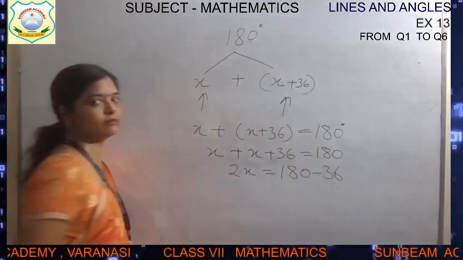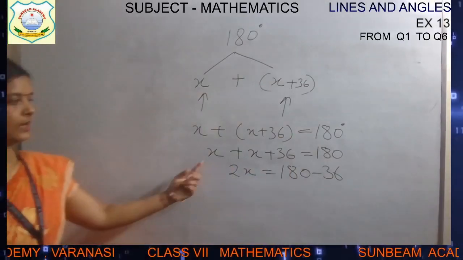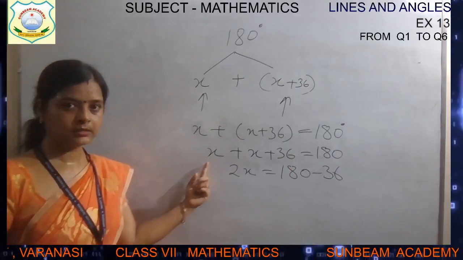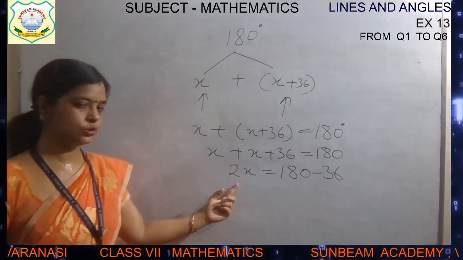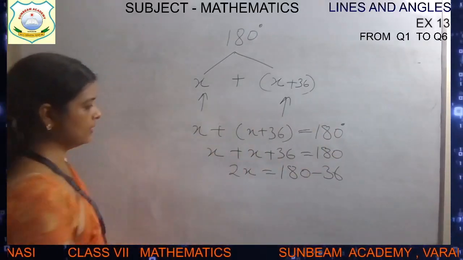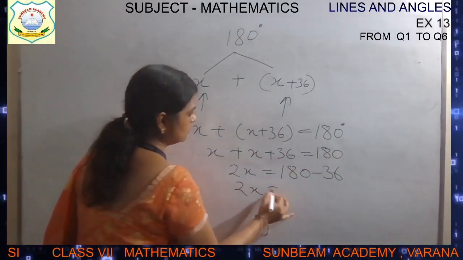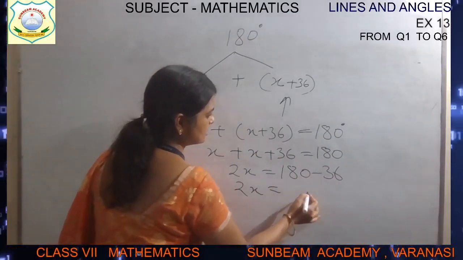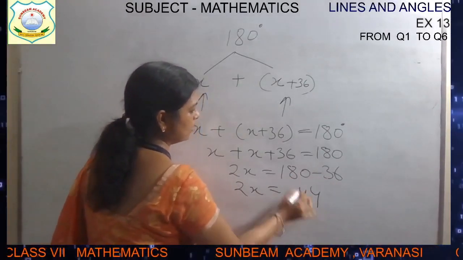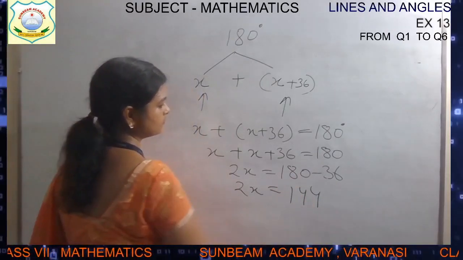This 36 will go to that side. x plus x, like terms, we are adding them. So 2x is equal to 180 minus 36. 10 minus 6 is 4. Now 7 minus 3 is 4, and 1.